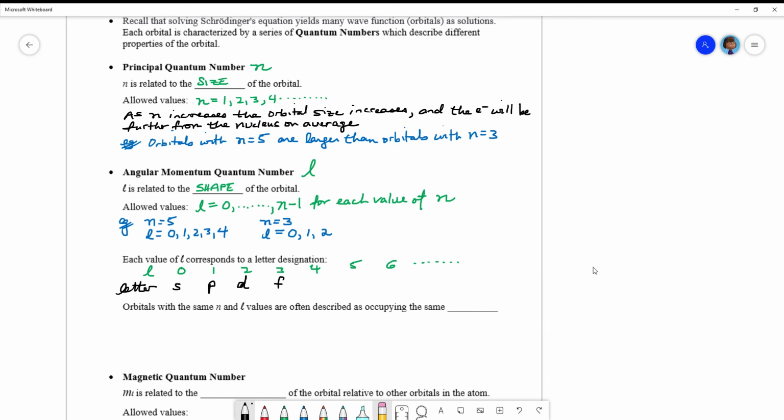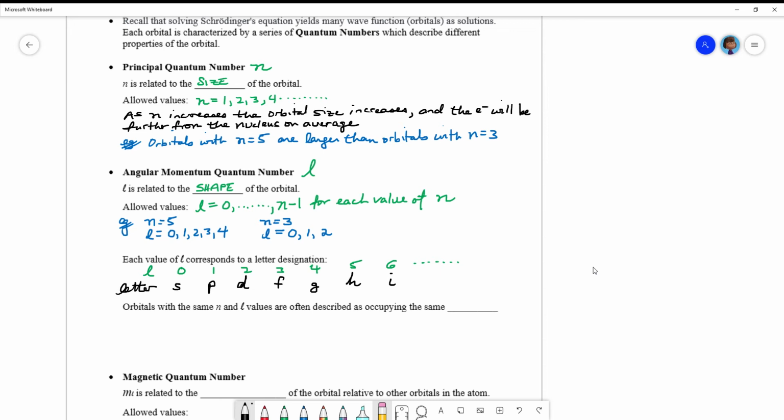Now it turns out once we get to L equals 4, we pick up alphabetically. So since the letter for L equals 3 is F, L equals 4 is given the letter G. And L equals 5 is given the letter H, and then I, and then J, K, and so forth.